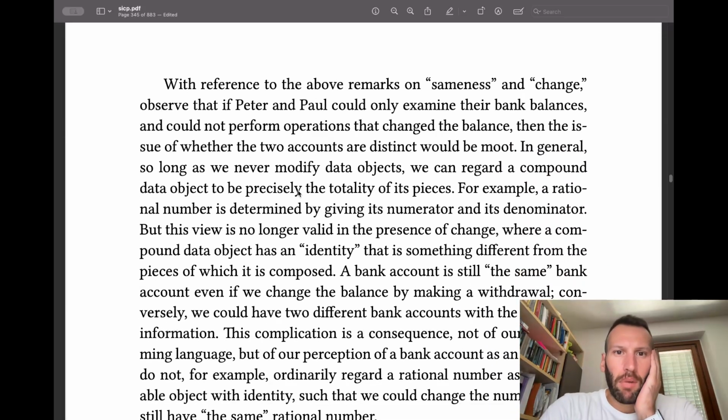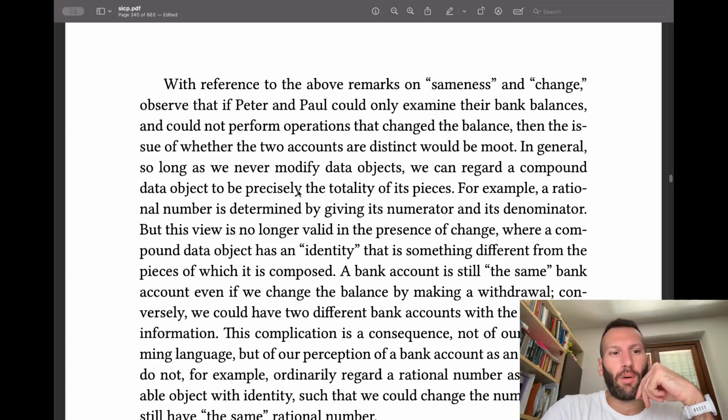With reference to the above remarks on sameness and change, observe that if Peter and Paul could only examine their bank balances and could not perform operations that changed the balance, then the issue of whether the two accounts are distinct would be moot. In general, so long as we never modify data objects, we can regard a compound data object to be precisely the totality of its pieces.